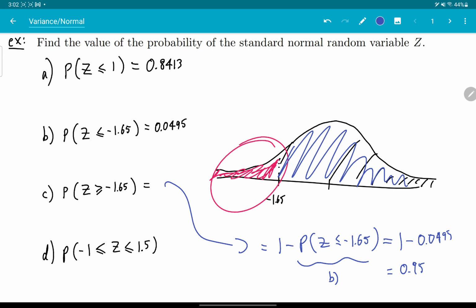I want to do that subtraction with a little help from my friend Google. 0.9505. Okay, again, finding areas that are bigger or above a certain number, I think of it as a subtraction. The full area is 1, and I subtract the red area, and I get the blue area.